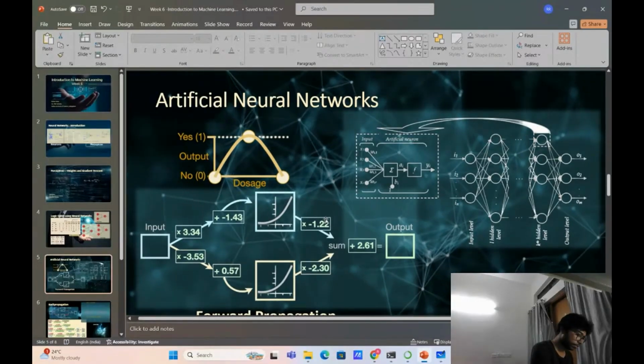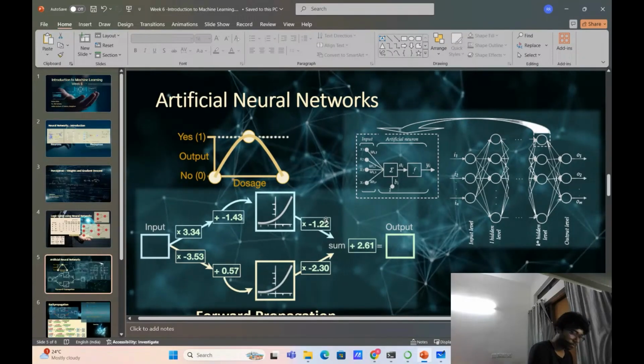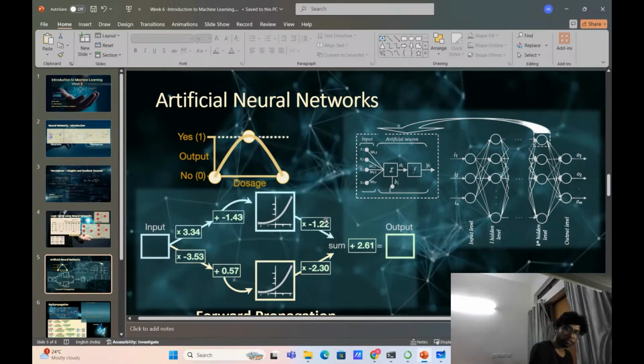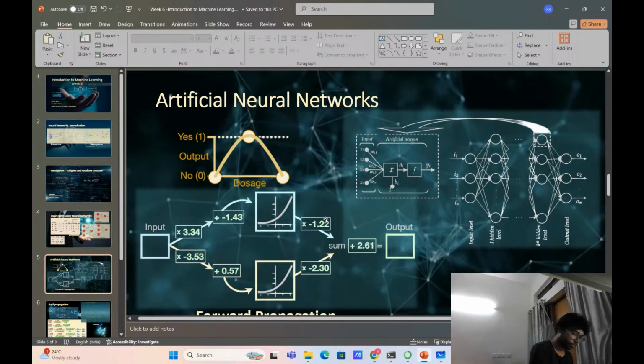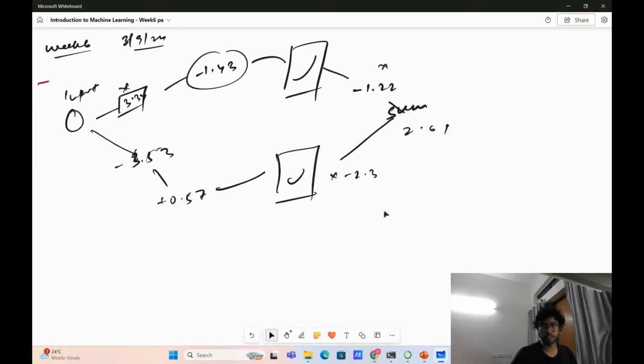So plus... okay, so I have drawn the network. Let me see how it goes.